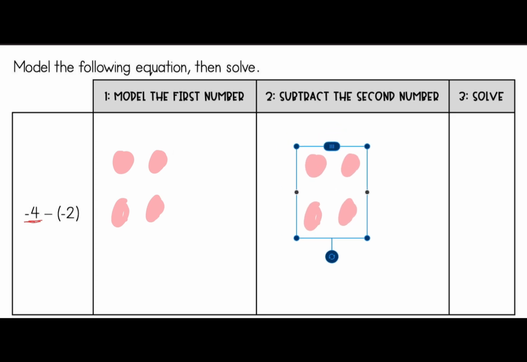Now I need to model subtracting the second number. Well, my second number is -2. Do I have 2 negatives to take away from this? Yeah. So I just take them away. And what is my answer? Well, I'm left with -2 because I have 2 red counters.